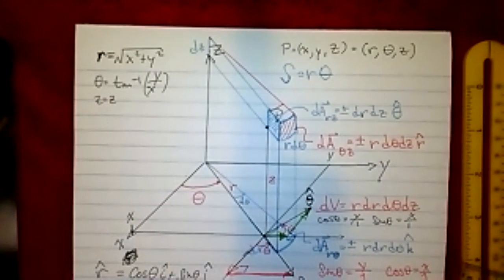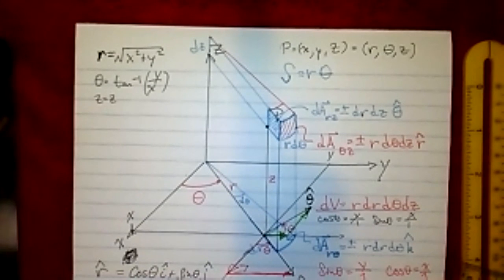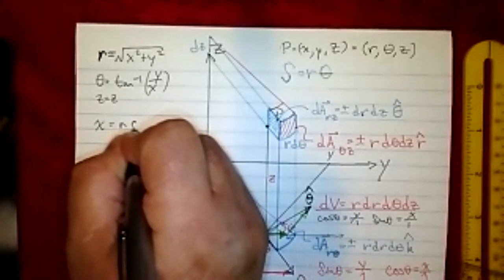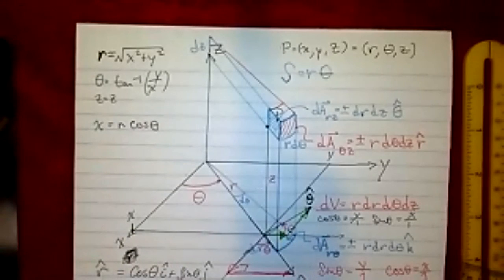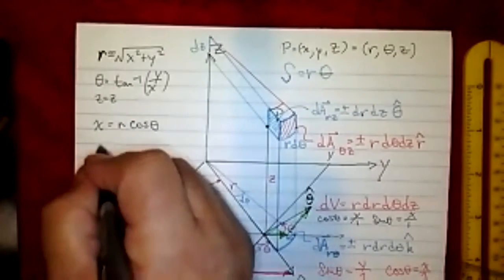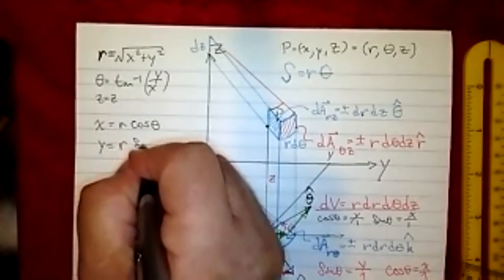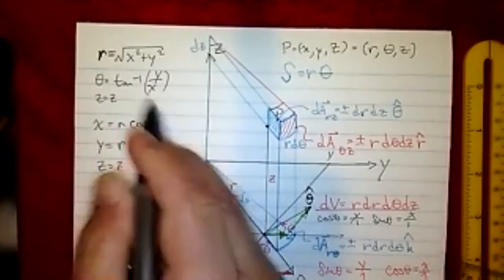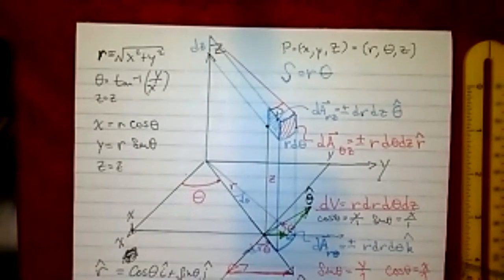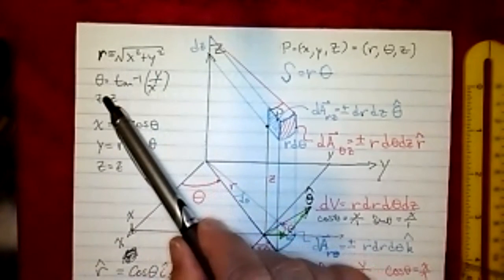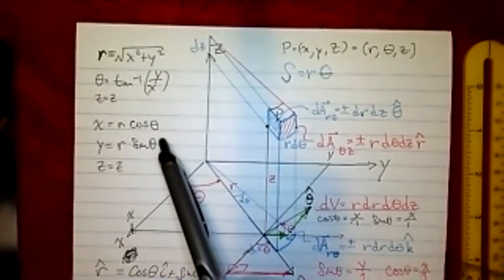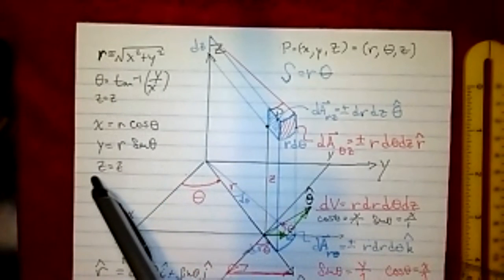If I want to know x, x is equal to r times cosine theta. If I want to know y, y is equal to r sine theta. And if I want to know z, z is just equal to z. So those are the transformation equations to transform from xyz to r theta z. And now here's the ones to transform from r theta z to xyz.